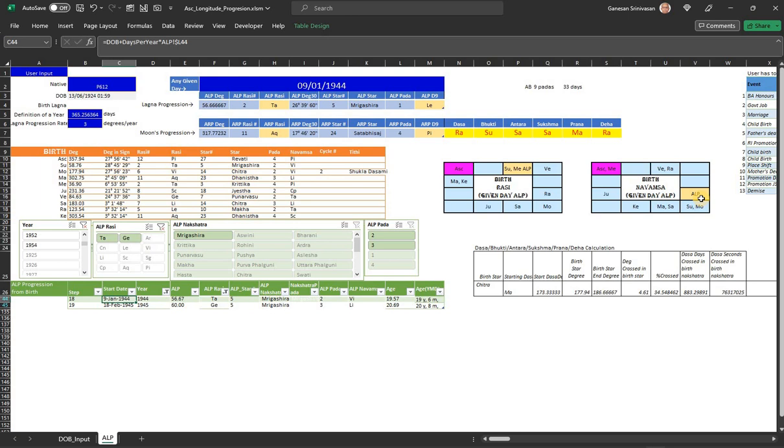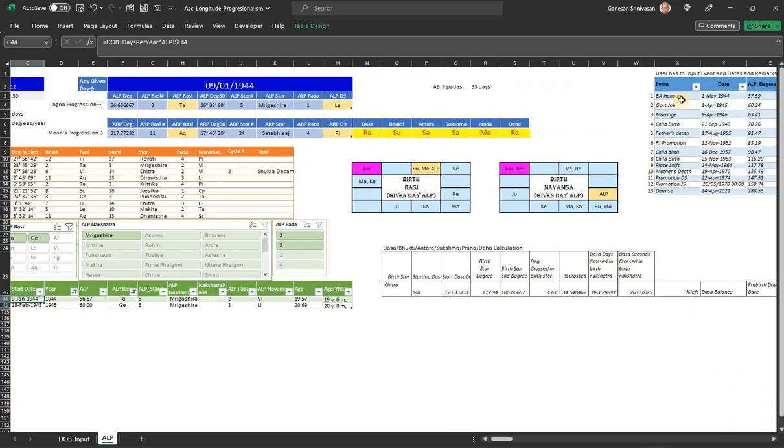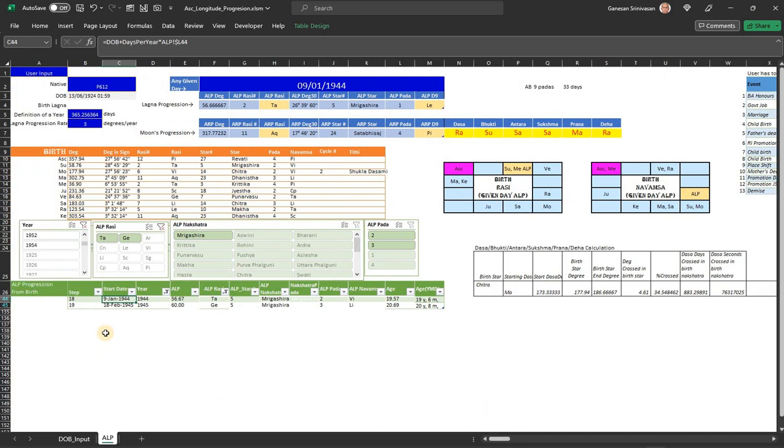So that is understandable. Now, I also listed out these years as events. You can enter your event and your date and check whether it happened in the correct way, so that we can learn how this Alp works as well. And he got a government job in 1945. So how do you see how it works?